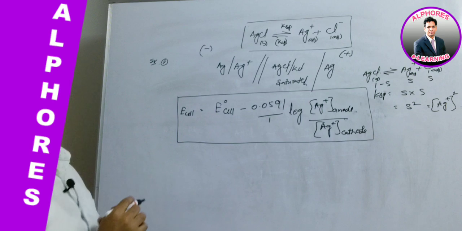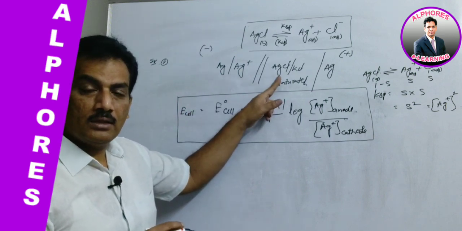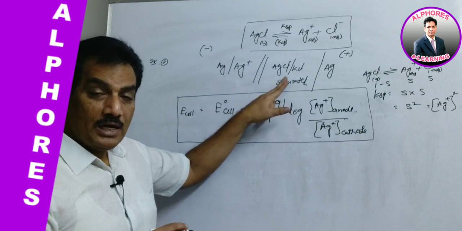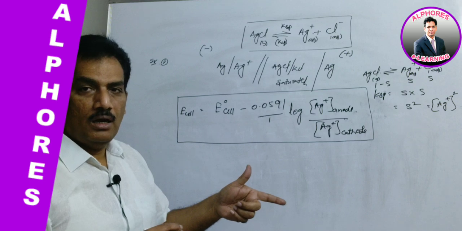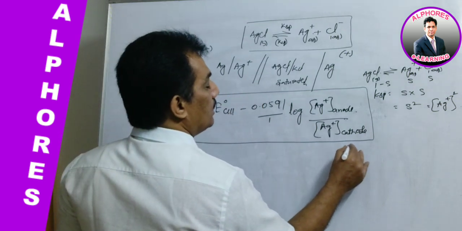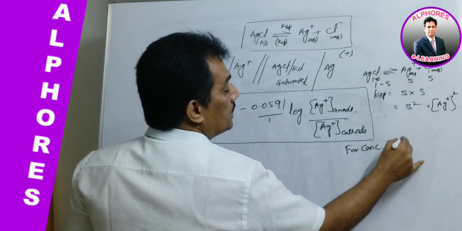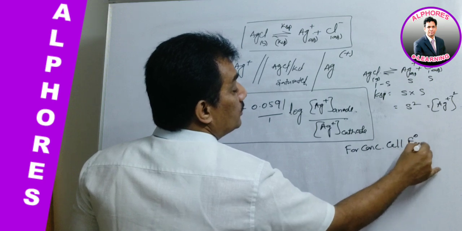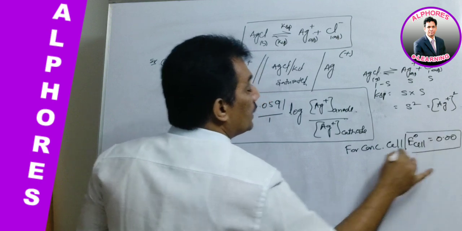So this is the condition for E cell of this electrochemical cell. But if we observe, both are from the same electrolyte, the same metal, that's why it is a concentration cell. For concentration cells, E naught cell is 0. We already discussed this in previous sessions, is it not?